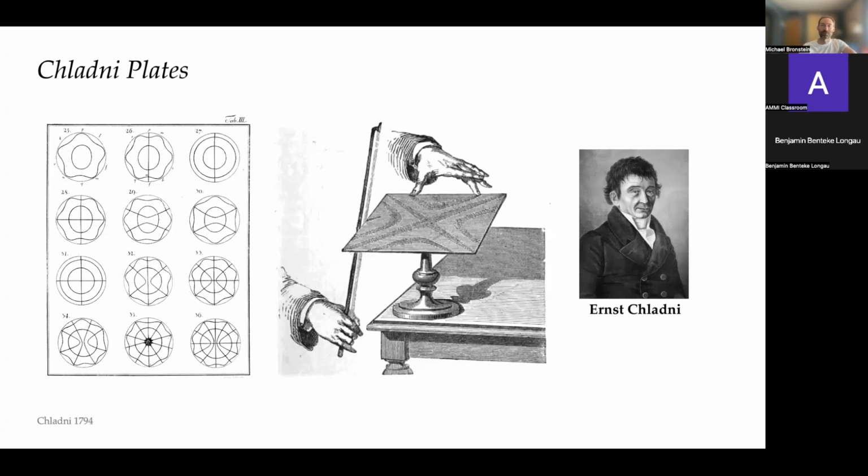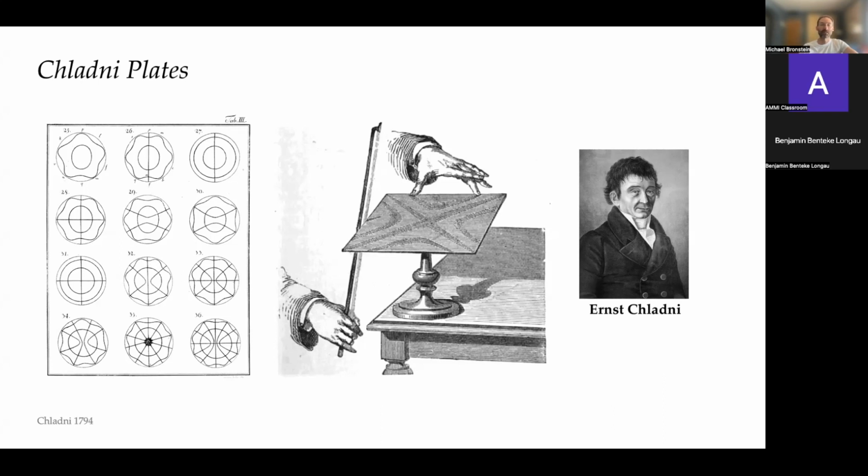Why, for example, a Stradivari violin sounds better than a cheap violin that you buy for $100 in a violin shop. So he put this layer of sand and applied vibrations to the plate, to the deck of the violin by passing a bow on it, and he observed and drew these patterns that were forming.